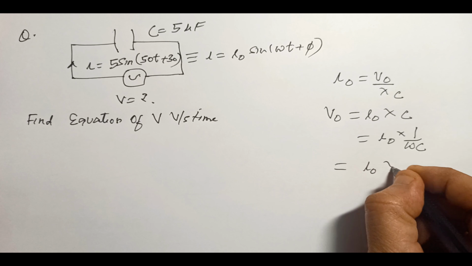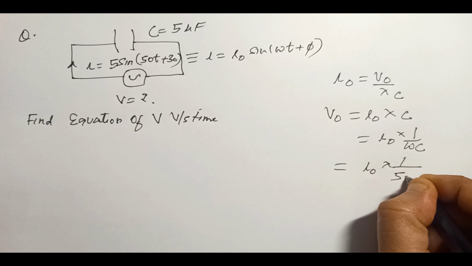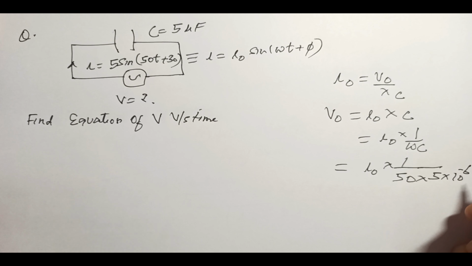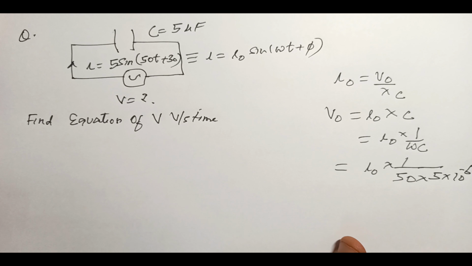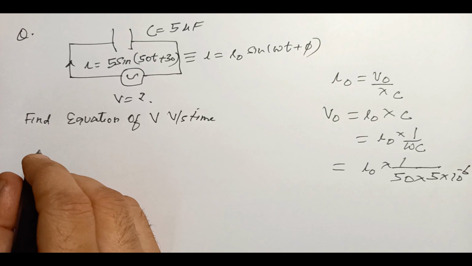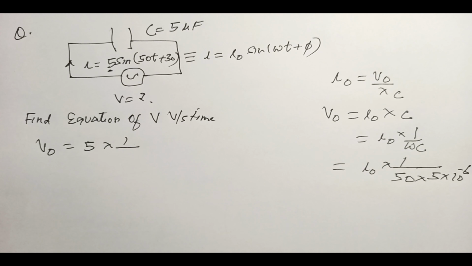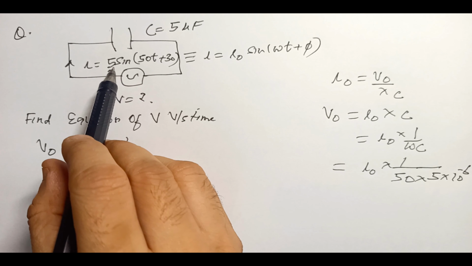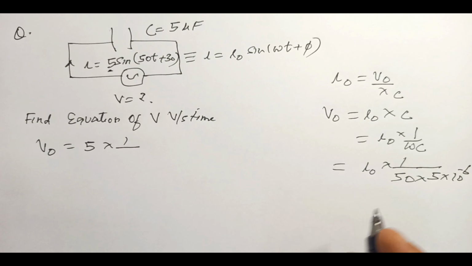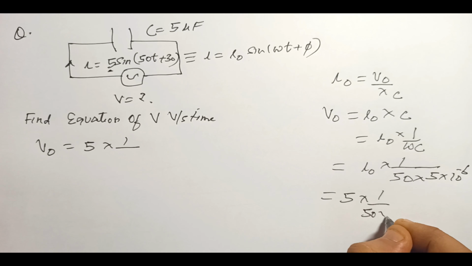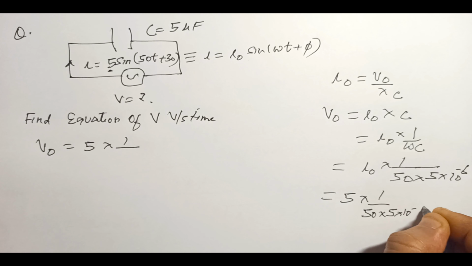Let's say omega is 50, and capacitor we know 5 microfarad, so it is 10 to the power minus 6, correct? So from here I can find V naught, because I naught is 5 if I compare this, right? So this becomes 5 into 1 by 50 into 5 into 10 to the power minus 6.